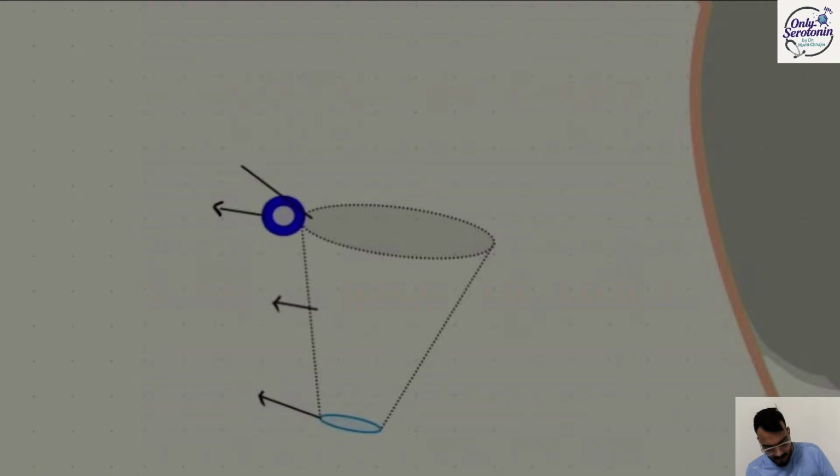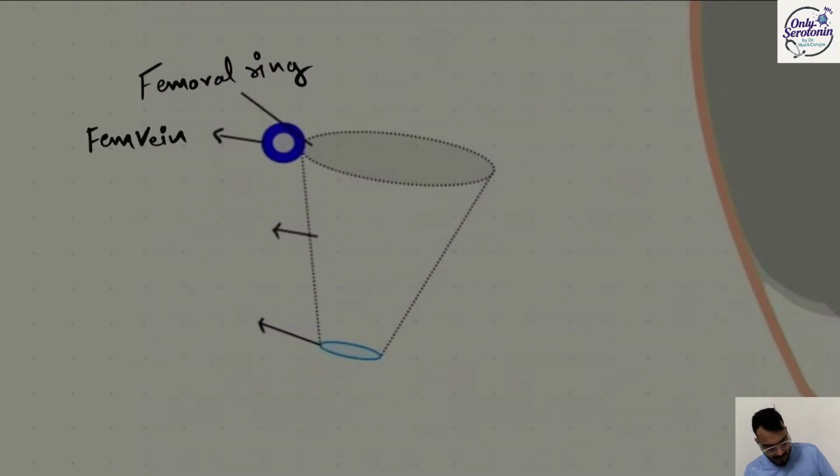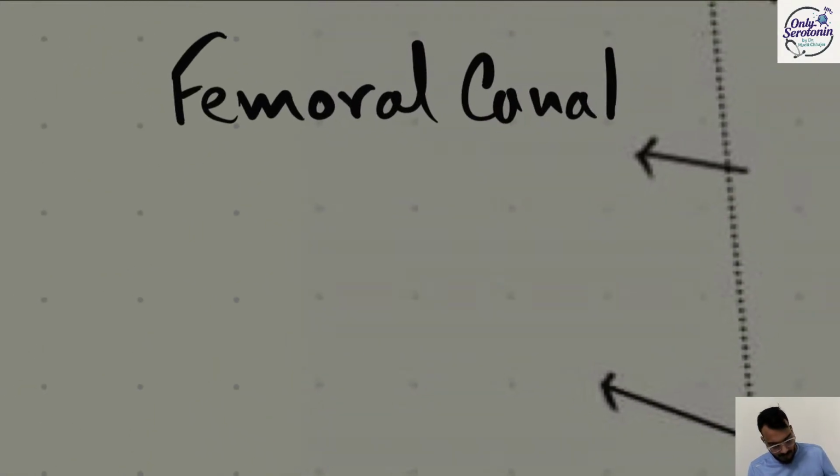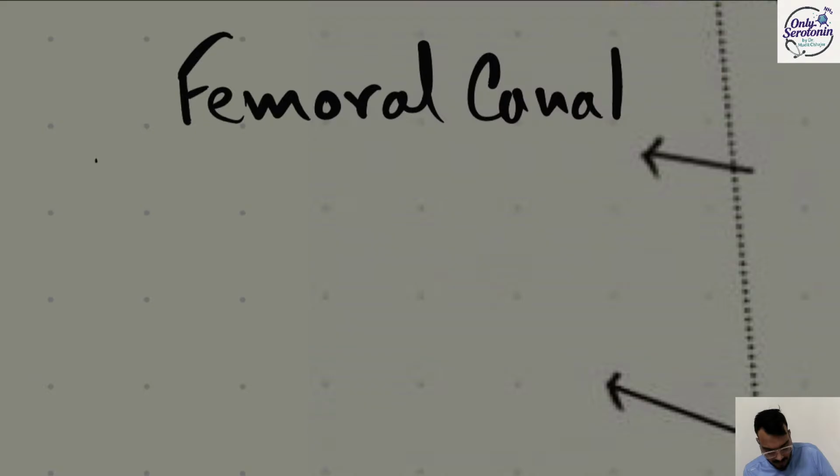See, guys, in this diagram I am having this femoral ring. Then this blue color thing is again the femoral vein. Then this canal is what, guys? This canal is my femoral canal. What you should know about the femoral canal, guys? This femoral canal is actually not an actual canal.